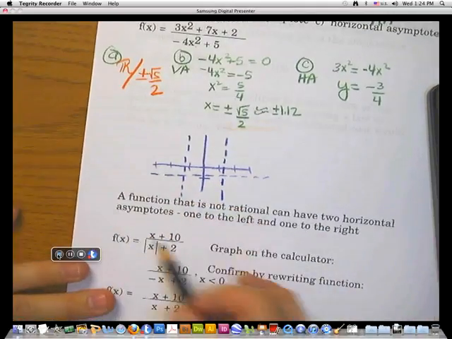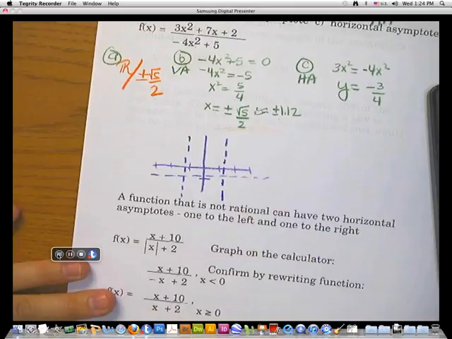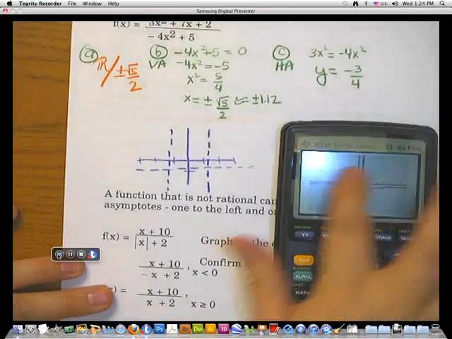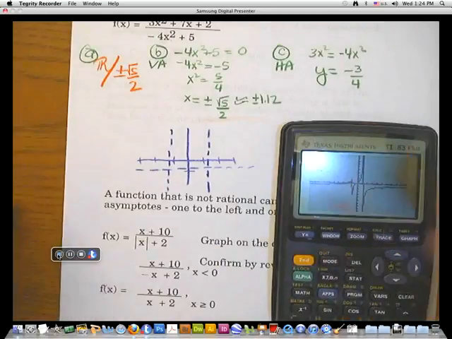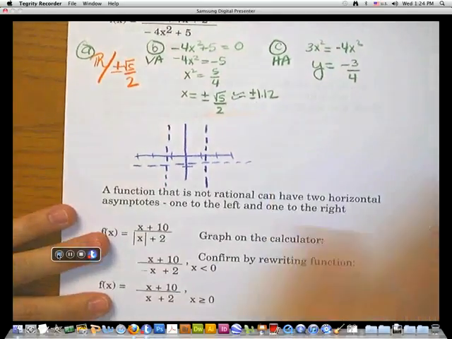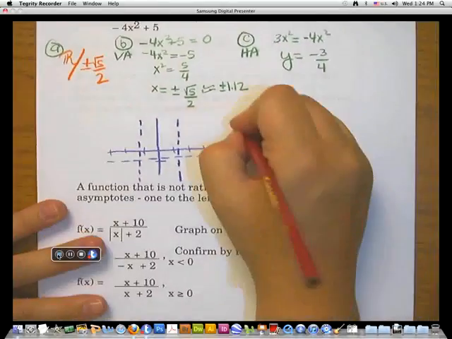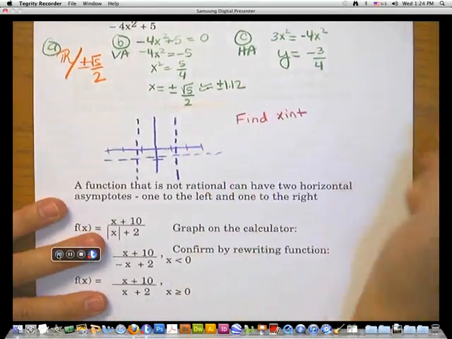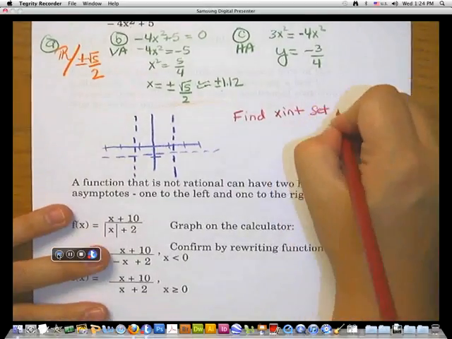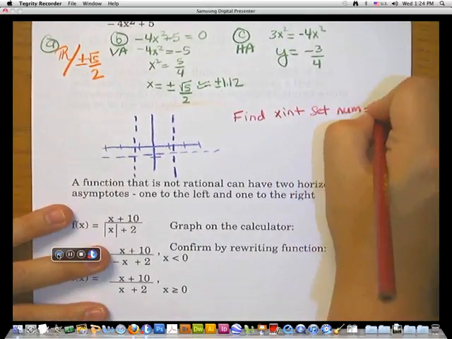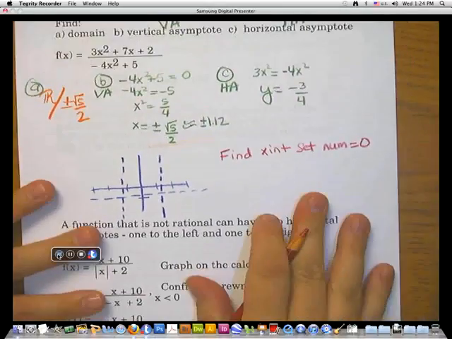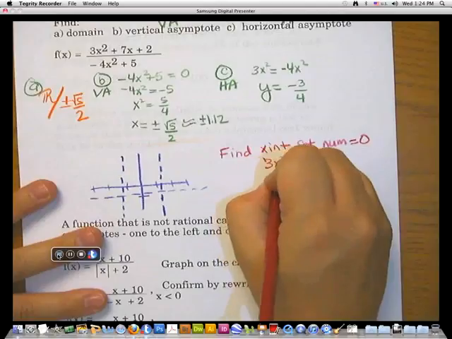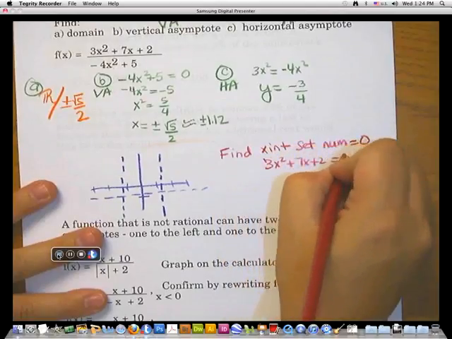Okay, so we now know our boundaries. We do need to find our x-intercepts, y-intercepts. We can kind of see what they are from here. You could blow this up, but in order to find the x-intercepts, we set the numerator equal to 0. So in this case, and solve. 3x squared plus 7x plus 2 is 0.